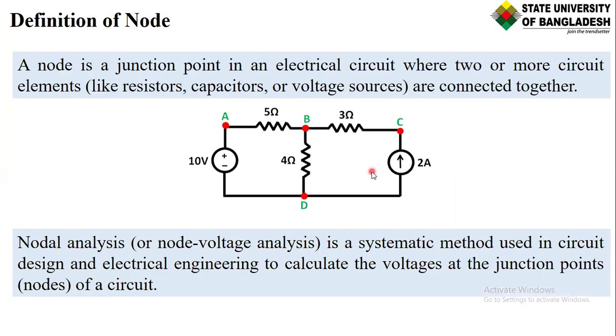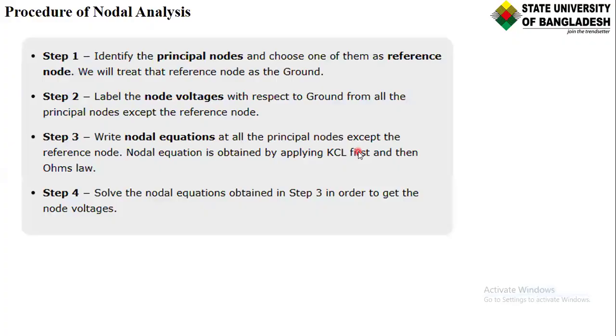You have to identify one node as the reference node, and the rest of them are the principal nodes, whose voltages are unknown to you. The reference node we will treat as ground, and as we discussed in earlier classes, since it's a ground, the ground voltage will be 0 volt.